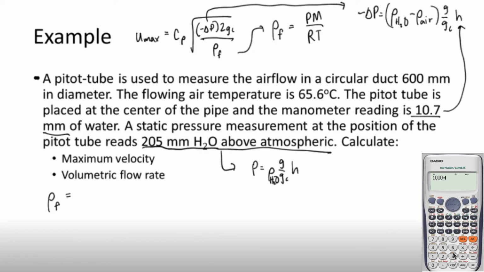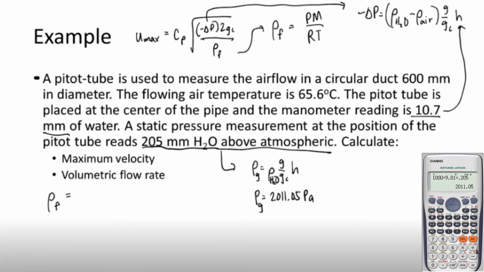We multiply that with g over gc, 9.81, and that is multiplied with h. Our h is 205 millimeters. Converted to meters, that is 0.205. Our pressure is equal to 2011.05 pascals. Remember that this pressure that we solved is a gauge pressure. We know that this is gauge pressure because of the wording of the problem, 205 millimeters of water above atmospheric pressure.